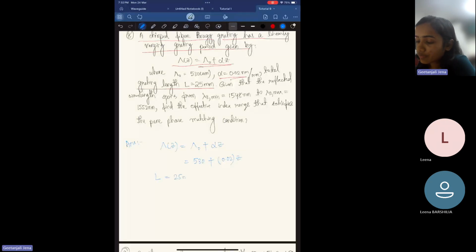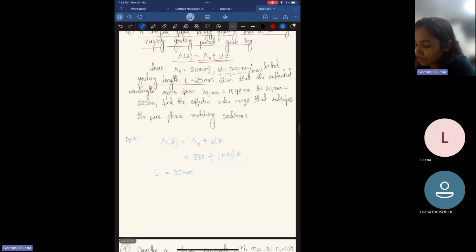Given that the reflected wavelength spans from lambda b minimum 1548 nanometer to lambda b maximum 1552 nanometer, find out what is the effective index range that satisfies the pure phase matching condition. So if we draw the figure, as z increases, the period increases.